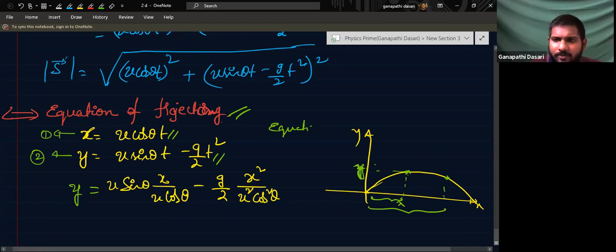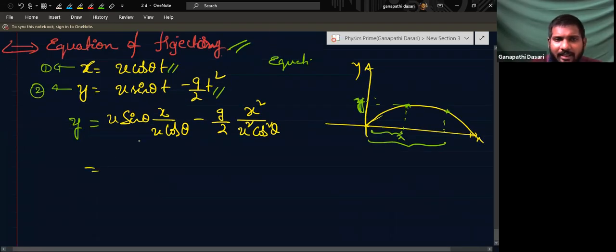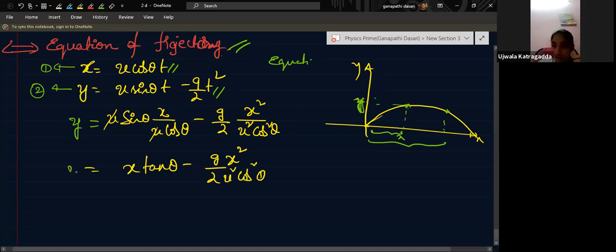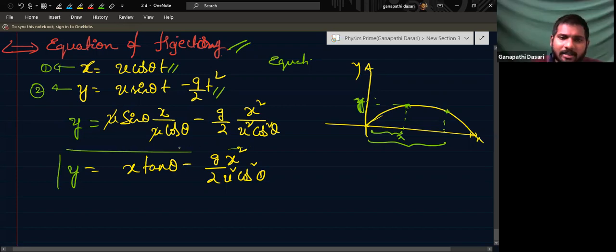That's it. Then what can we write? u cancels: y is equal to x tan theta minus g by 2 x square by u square cos square theta. This is actually the equation of the projectile. Yes, sir. It is as simple as that.